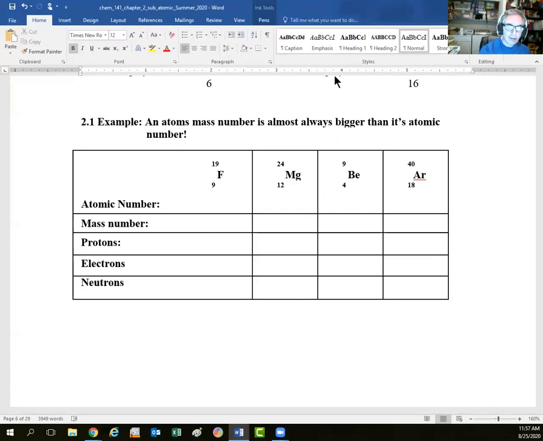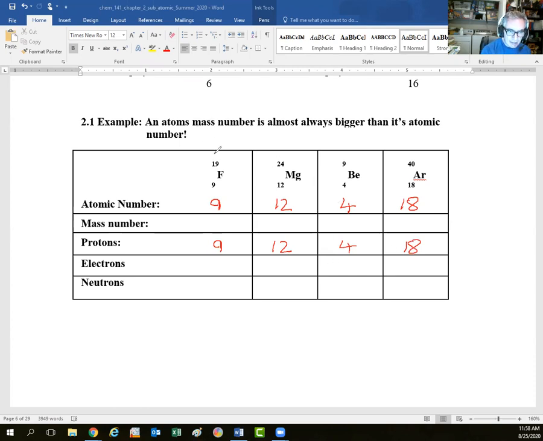Okay, we're officially back. So for the atomic number, each time, that's the smaller of the two numbers. So that's 9, 12, 4, and 18. Because the atomic number is just the number of protons, we can fill that in as well: 9, 12, 4, and 18.